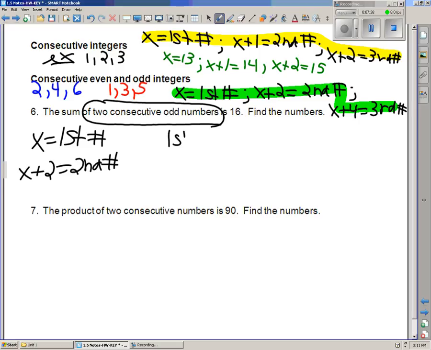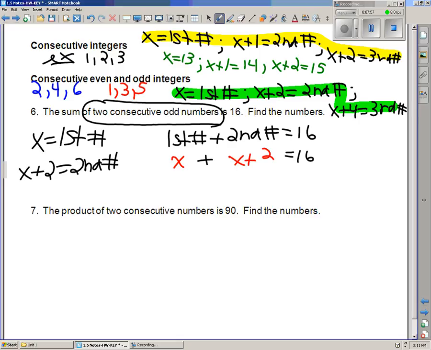So what they want you to figure out is the first number plus the second number equals 16. If we were to write that algebraically, we'd have x for the first number, we'd have x plus 2 for the second number. We'd add those together, set them equal to 16.